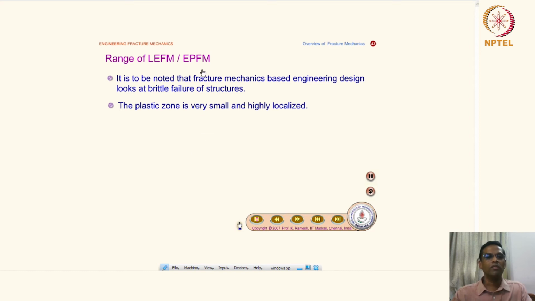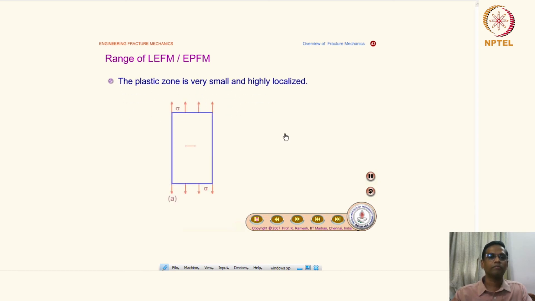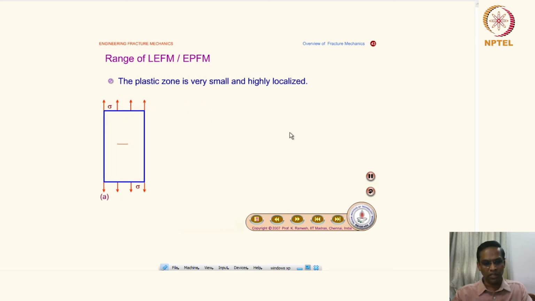So what is the range of LEFM, EPFM? It is to be noted that fracture mechanics based engineering design looks at brittle failure of structures. The plastic zone is very small and highly localized. And then how do you visualize this plastic zone?